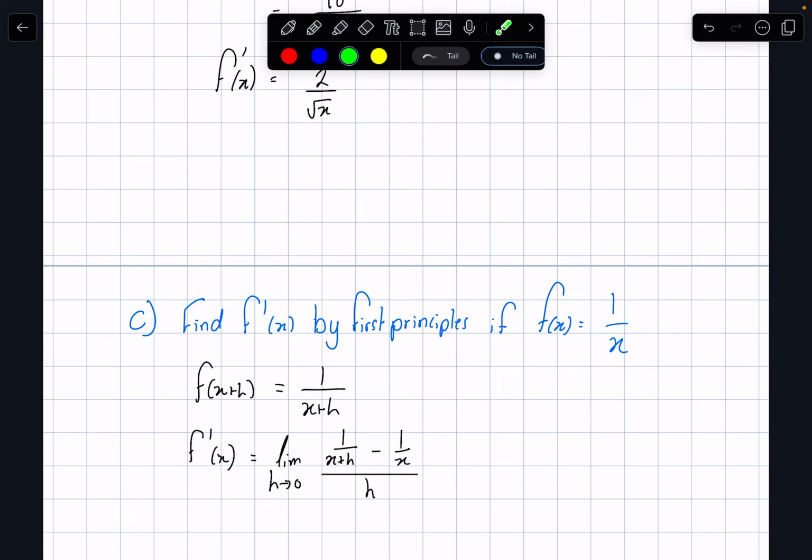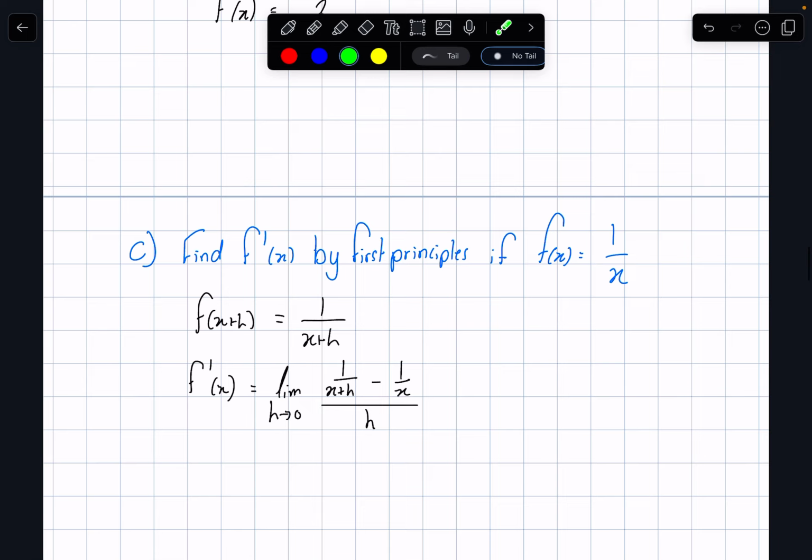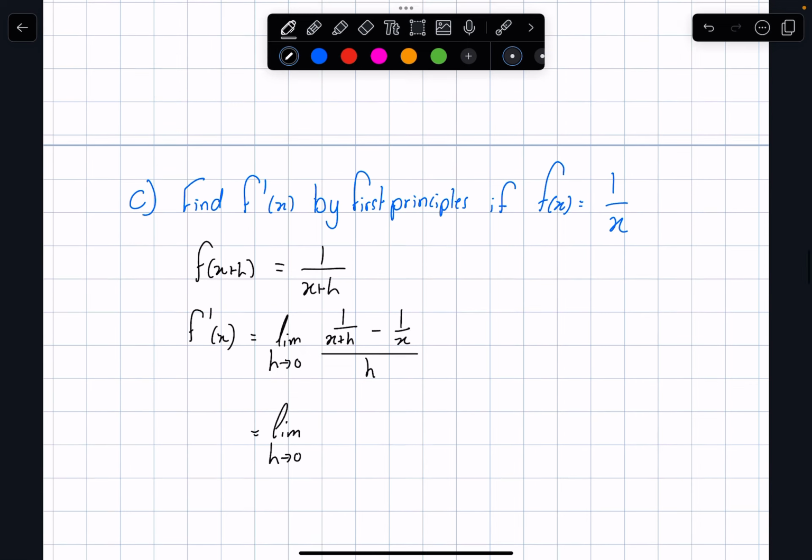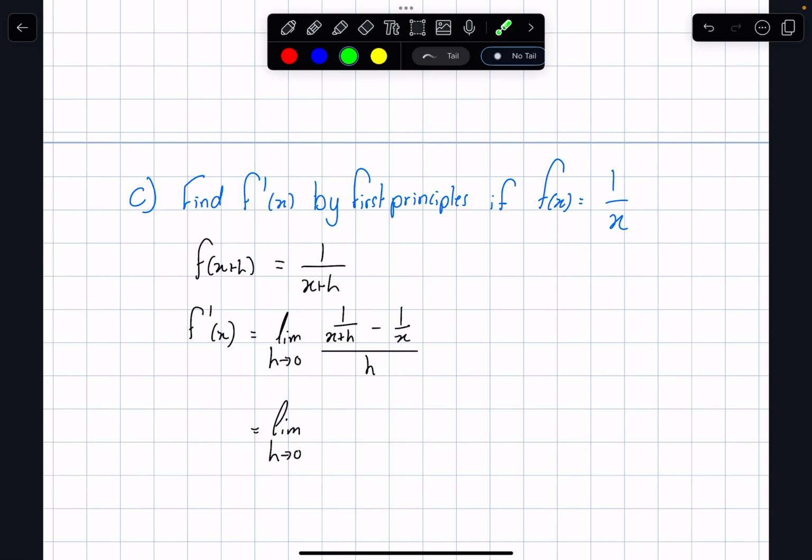And now you can see we've got fractions in fractions, which is really frustrating when you're first looking at it. What we want to do is write these top 2 fractions as one fraction, so under one denominator. And the way we do that is we cross multiply. So we multiply the first diagonal, and then we multiply the second diagonal, and then we multiply the denominators. So we're going to do that now. So the limit as h tends to 0, I've got 1 times x, so 1 times x is x.